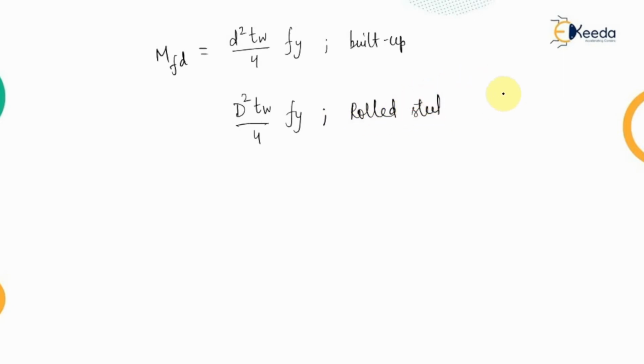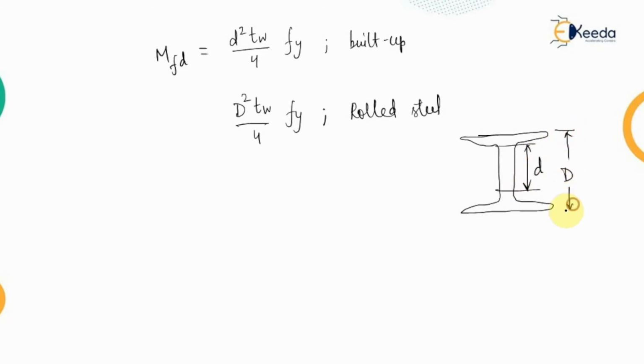Now we know that whenever we are talking about a rolled steel section, let's say this is an I section which is a rolled steel section, the depth of the web is known as small d, while the total depth from the edge of the top flange to the bottom flange is given by capital D. For the rolled steel section, since the total area is contributing towards the shear transmission, we will be taking the total depth.